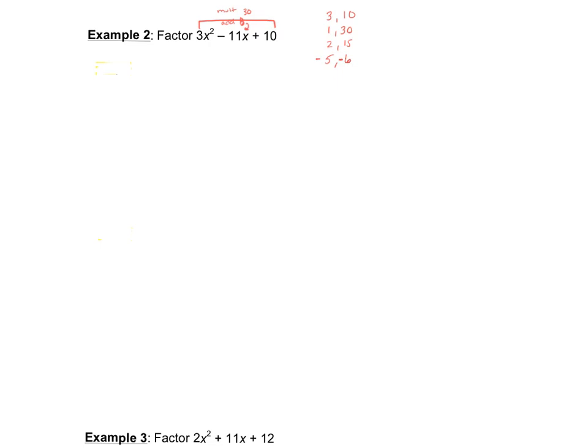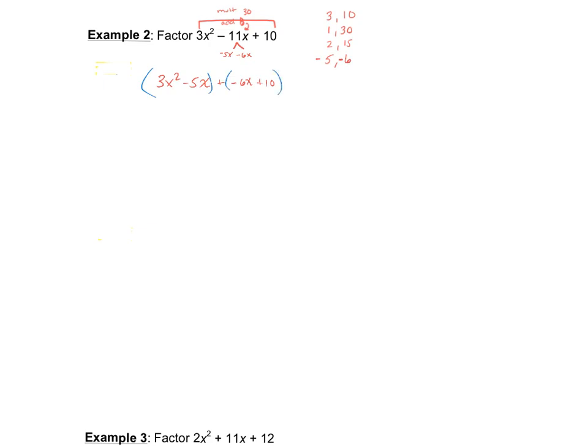So then I rewrite it, splitting the b. It's negative 5x and negative 6x. So I'm going to rewrite this as 3x squared minus 5x plus negative 6x. I'm going to let it look weird just for a second before I put the parentheses in. And then plus 10. So factor by grouping.